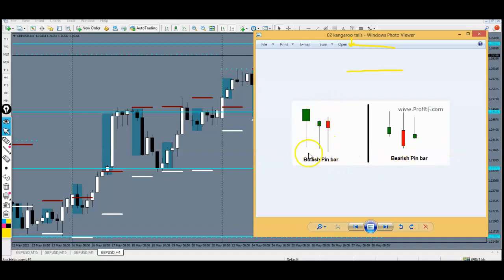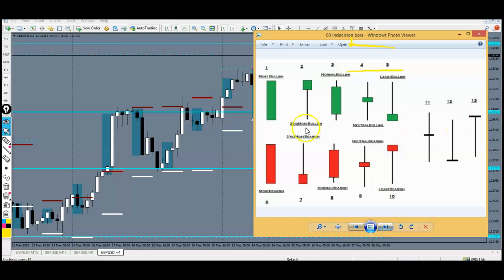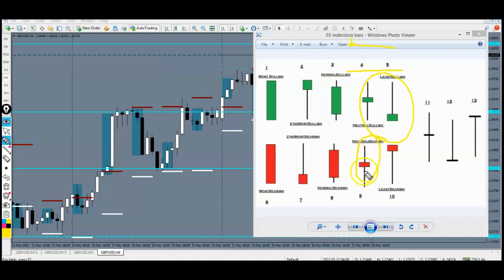I just call them kangaroo tails. You see kangaroo tails there, which is very nice. And then these are the overall setups that I like. I like dojis, or some may call it spinning bars, spinning tops or spinning bottoms. I like that as well. All these are indecision candles, and when we see them at the very top or at the very bottom, they could signal a reversal.